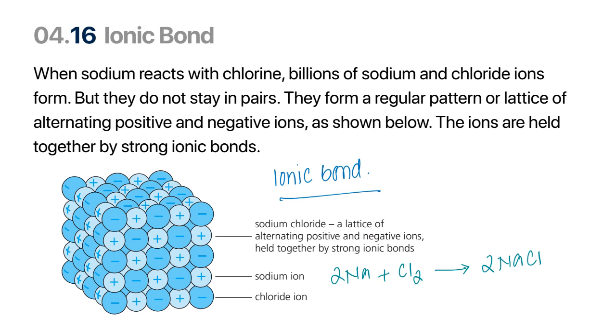Okay, two sodiums require two chlorines to form NaCl. And note over here it says NaCl. That doesn't mean it's one sodium atom bonded to one chlorine atom. It looks like that, definitely. That's what a lot of people get confused by as well.